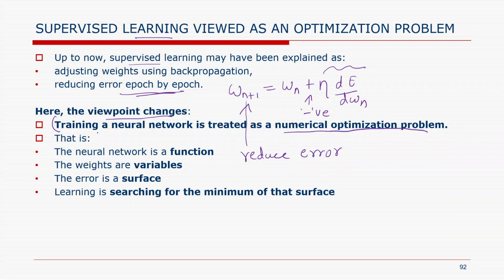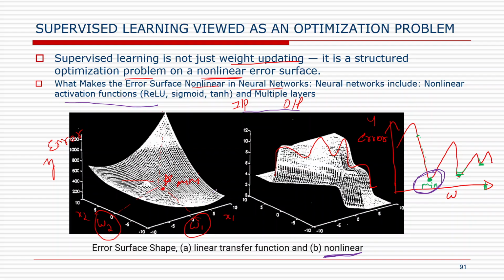The neural network is a function, because we have a number of hidden layers and hidden nodes with weights. The weights act as variables, and the error is the surface. Learning is searching for the minimum of that surface. In this particular surface, I should find where the minimum occurs and identify what the suitable weights are.